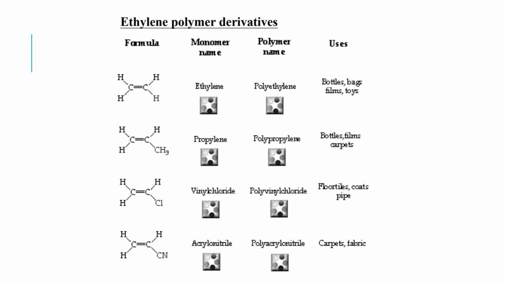Catheters, blood bags, organ bags just to store organs in for transplant. You can see there are derivatives, so you can add chlorine groups to the polymer chain, you can add cyano groups to the polymer chain, and these will all have slightly different properties and are therefore used in slightly different situations.